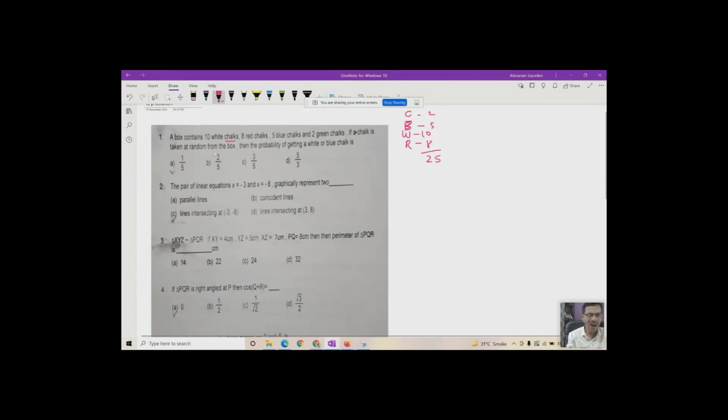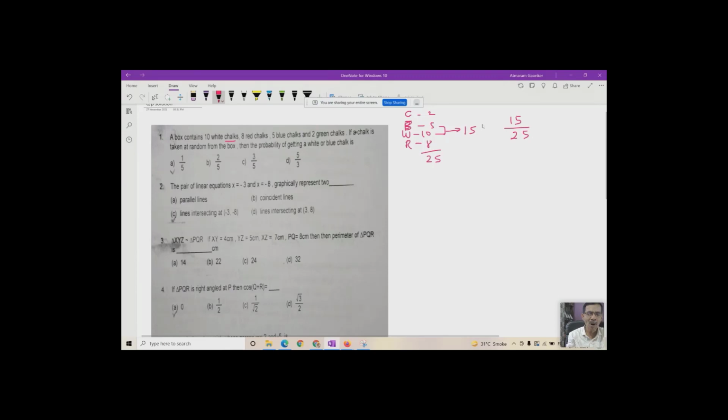If a chalk is taken at random from the box, what is the probability of getting a white or blue? So white and blue together, there are 15 chalks. So the number of favorable outcomes is 15, which is the numerator, and the total number of outcomes is 25.